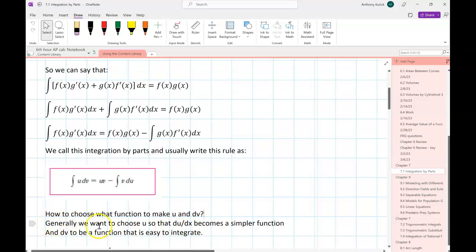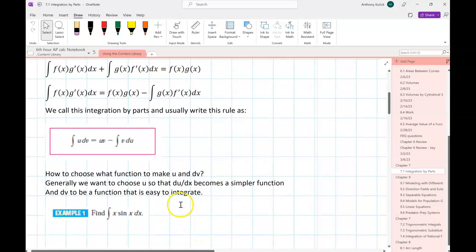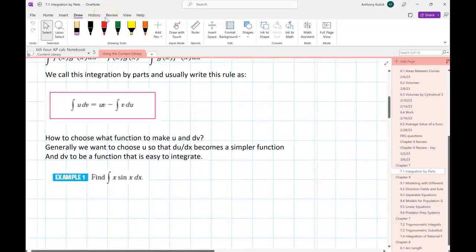Generally, what we want to do is pick u so that when we take the derivative, we end up with something simpler. And we want to pick the dv to be the function that's easy to integrate. So when you integrate that, it's something that's easy to do. Okay? So let's do an example. Let's say we want to find the integral of x times sine x dx.